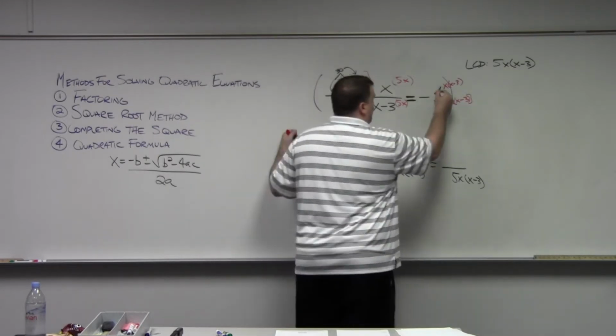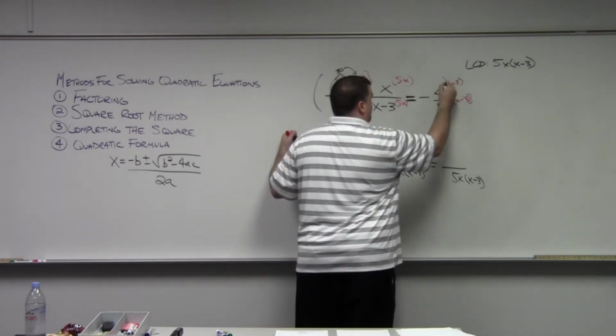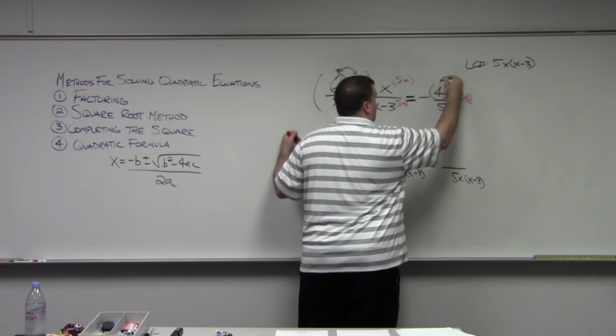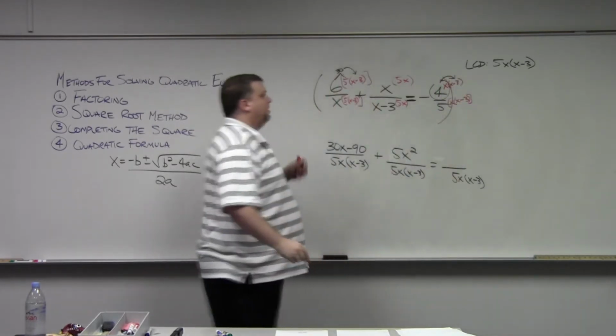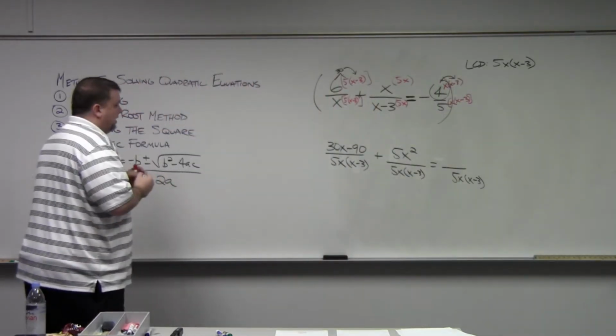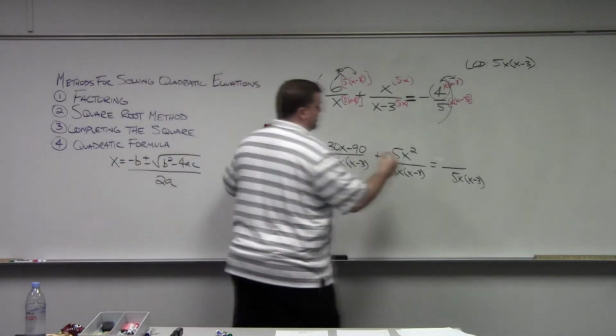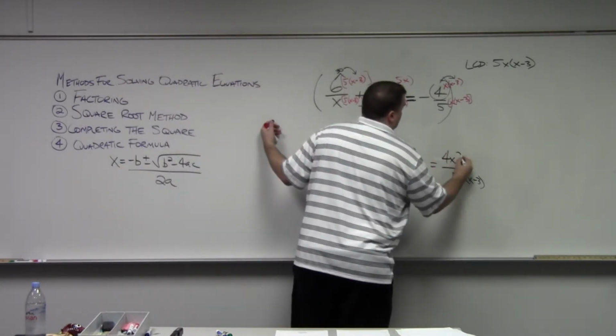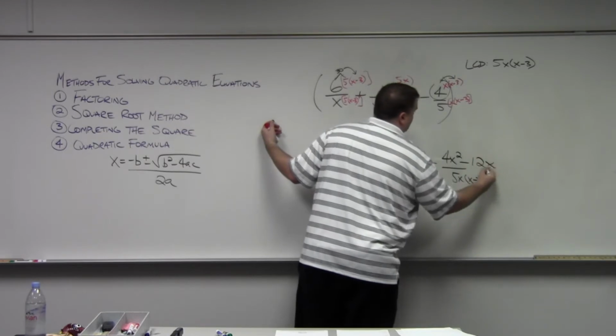And then I have 4 times x minus 3. I could say this is 4x times x minus 3. So what would that give me? 4x squared minus 12x. Correct. 4x squared.